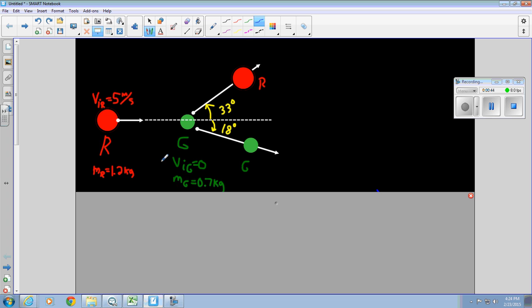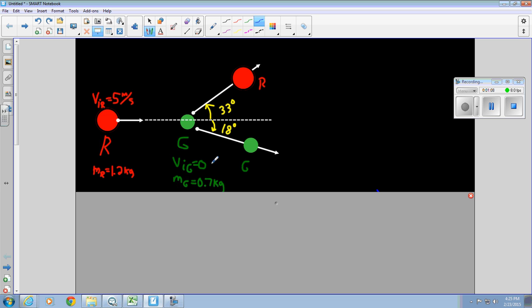So first off, we're going to look at our red object colliding into our green object. And over here on the left is before the collision. We have the velocity initial of the red ball before the collision. It's going at 5 meters per second. We have the mass of the red ball. We have the velocity of the green ball and the mass of the green ball.